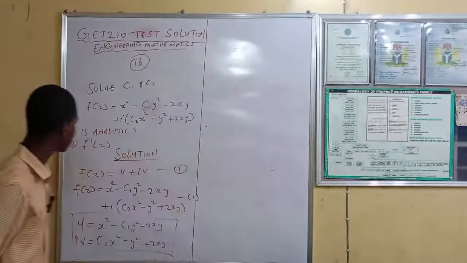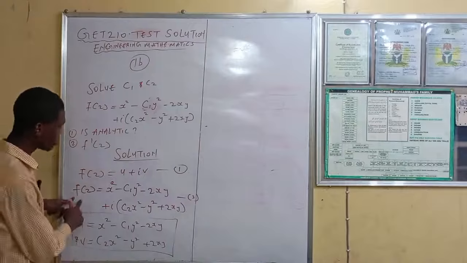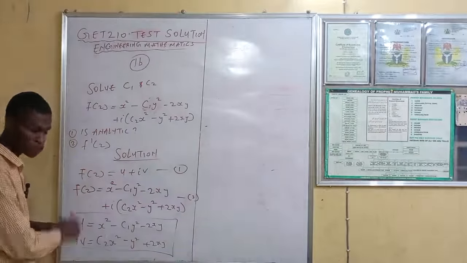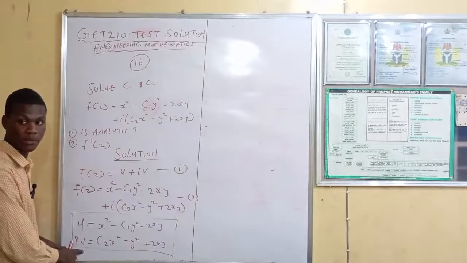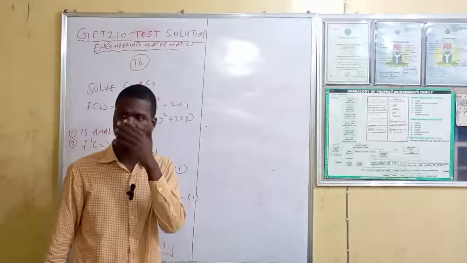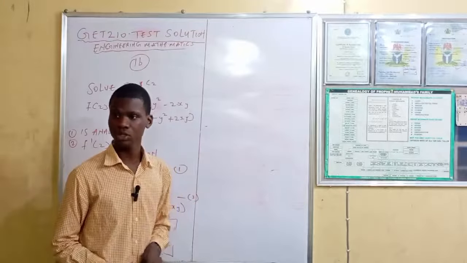Back to the given question. I'm giving my function to be this, and from this function I've identified which one is my u and I've identified which one is my v, right? I want to check if the given function is analytic or not. What's the first condition?